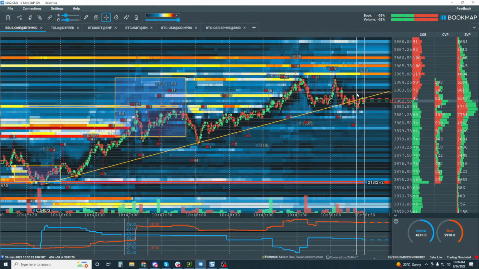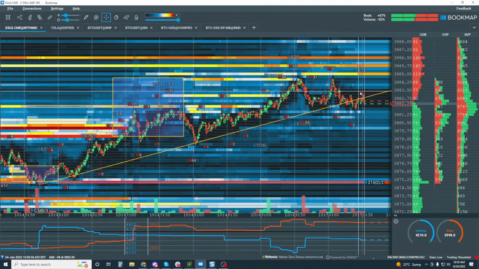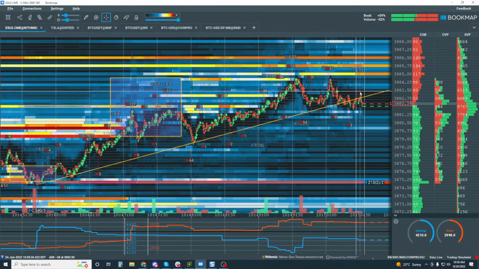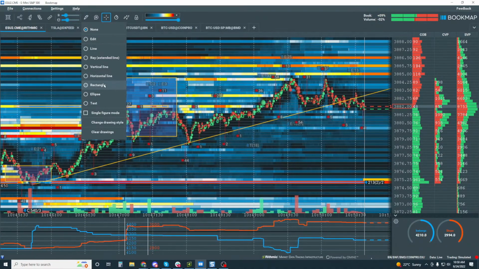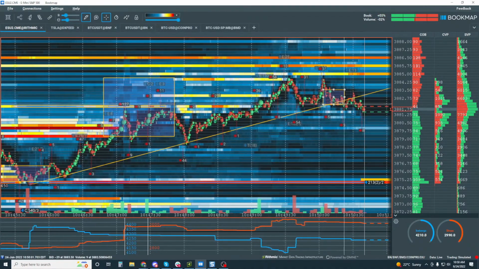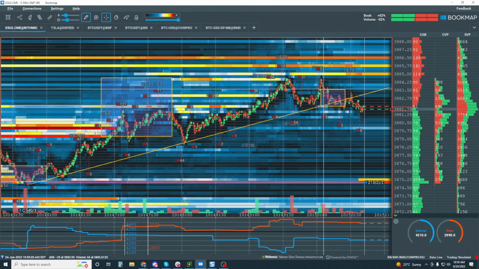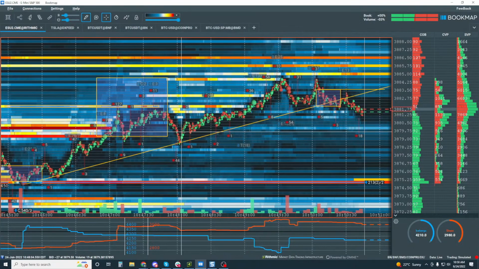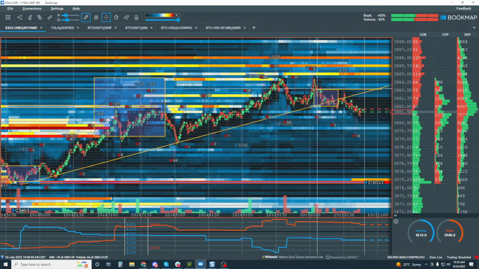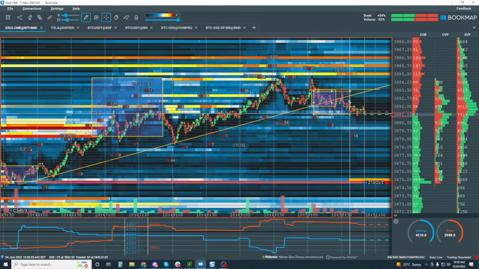Let's watch this though. If we get our buyers back up above 83.5, it's again another squeeze. Same concept here. Look where the transactions are taking place, the majority of them. If we can get back up above that, the squeeze is on. They're still in control, right?